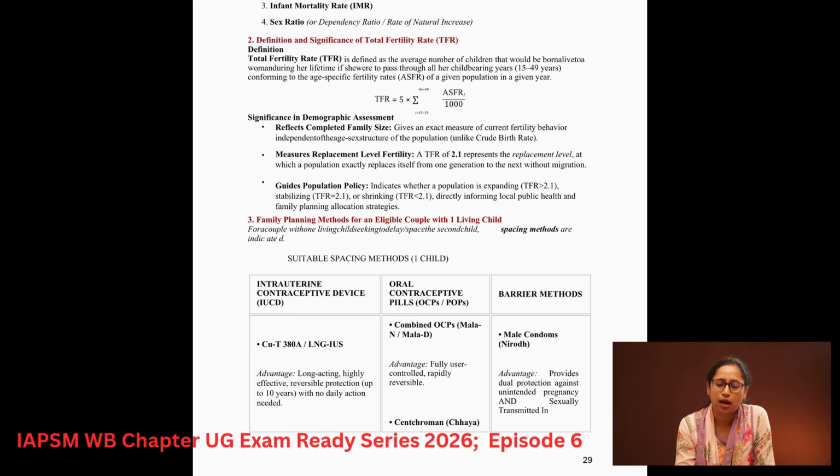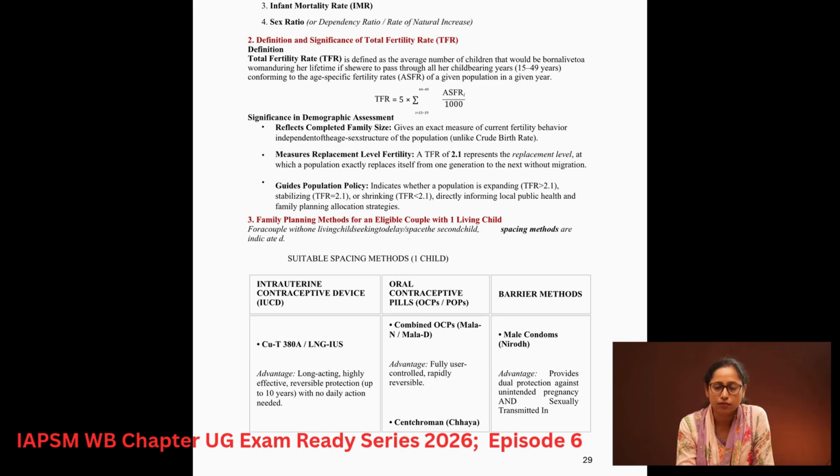It can be IUCD, that is intrauterine contraceptive device, oral contraceptives like OC pills or POPs, and barrier method. Please write about the examples, like in IUCD you will be writing about the Copper T 380A and others. Oral contraceptives can be combined OCPs like Mala-N, Mala-D, and barrier methods like male condom, female condom, etc. And please write about the advantages of each of them.